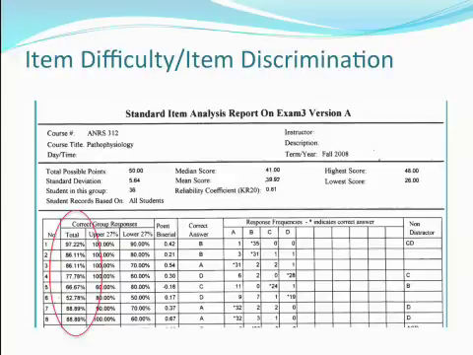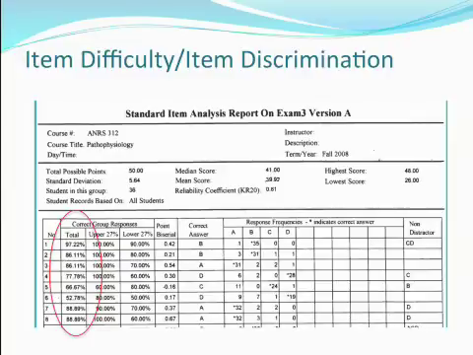Ideally, we would like to see a p-value of about 0.50, or 50% correct. The upper limit is close to 1.0, and if you do have a 1.0 in the total correct column, then that means everyone got that question correct, and that might tell you it was too easy, or it's a question that you've already determined you want to make certain students know this knowledge and expect 100% correct.